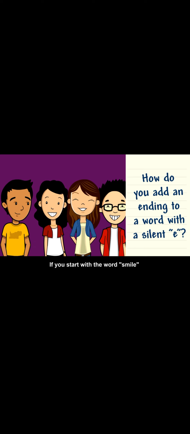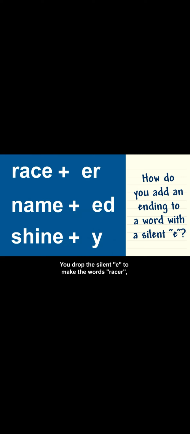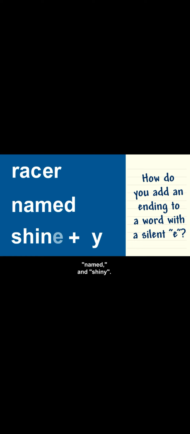If you start with the word smile and add the suffix ing, you drop the silent E and then add ing, smiling. You drop the silent E to make the words racer, named, and shiny.